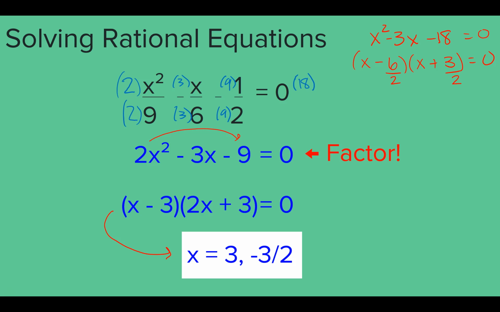Because when you have 2x plus 3 equals 0, you subtract the 3 over, then you divide by 2. This piece becomes x minus 3, and this piece becomes 2x plus 3. Does that help? We good?